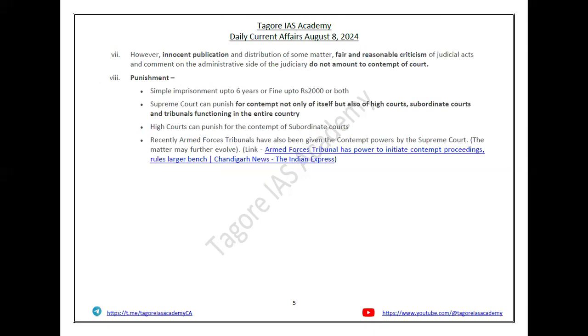However, अगर कोई reporting कर रहा है and that is a true reporting, that is acceptable, and fair and reasonable criticism is also acceptable. Now, अगर हम कंटेम्प्ट पावर्स की ही क्रिटिसिज्म करते हैं तो इसमें सिर्फ इतना लिखा है कि फेयर एंड रीजनेबल क्रिटिसिज्म. Now, once you write fair and reasonable criticism, who will decide what is fair and what is reasonable? So that gives a lot of leeway to the courts to decide as to what constitutes its contempt.